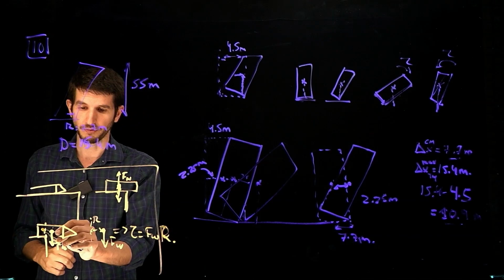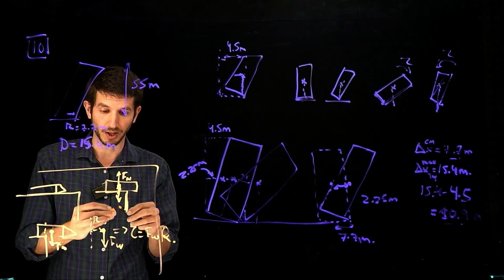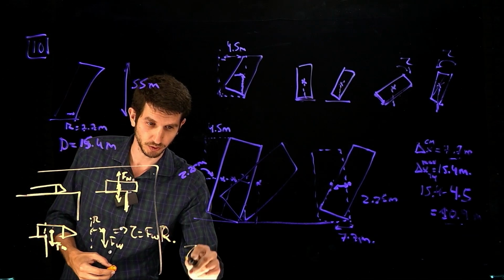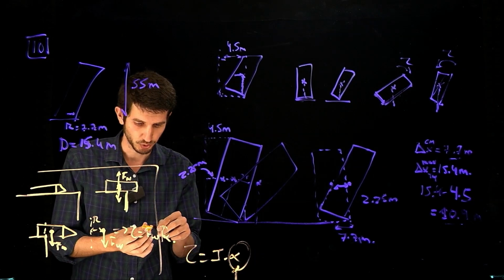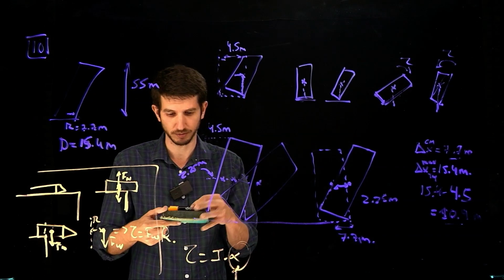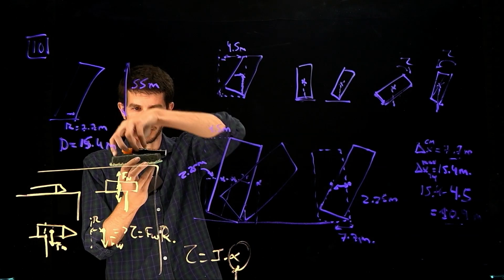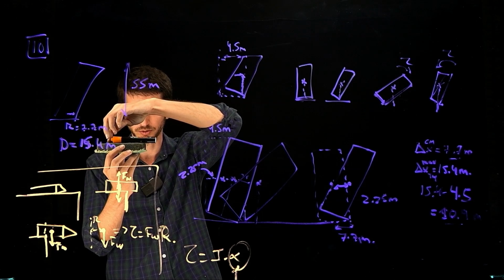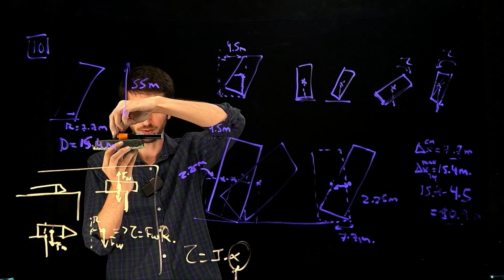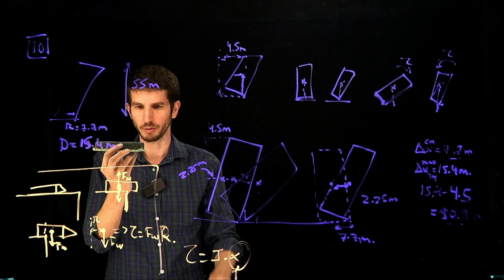The farther away you go, the higher the torque, and of course torque is inertia times alpha, so the higher the angular acceleration. So if I take the pencil or the marker, it is stable, and I keep pushing it, and at some point the center of mass is not going to be enough to recover and it falls.